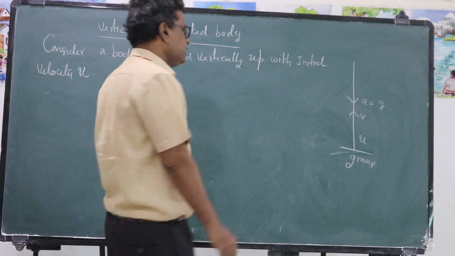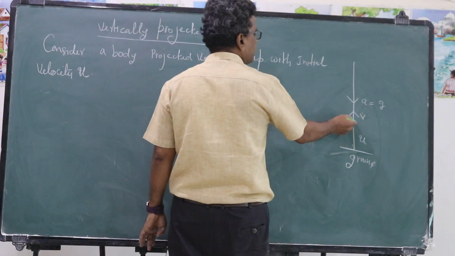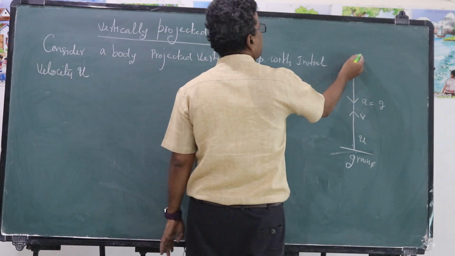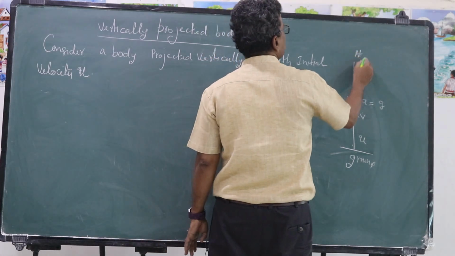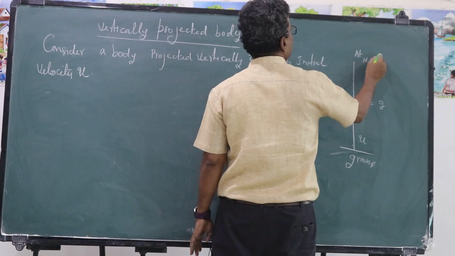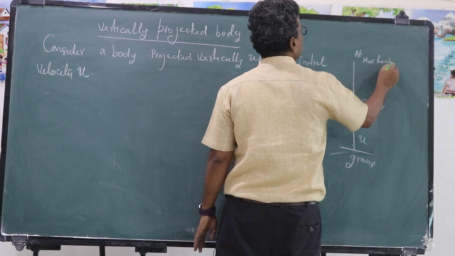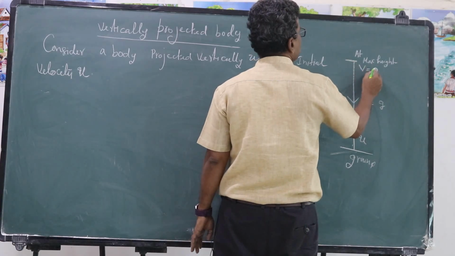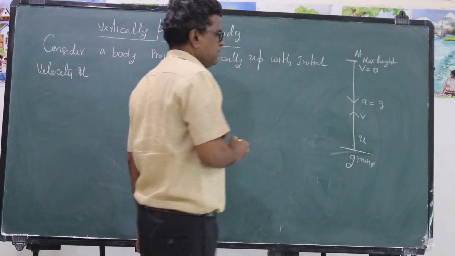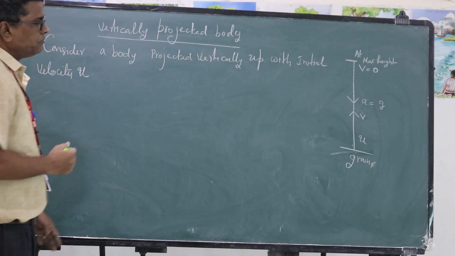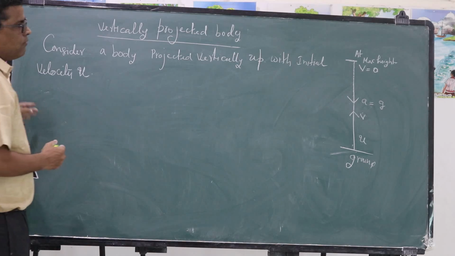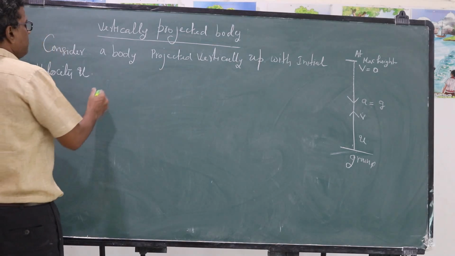It is slowing down, so its velocity gradually decreases. At the maximum height, velocity becomes 0.